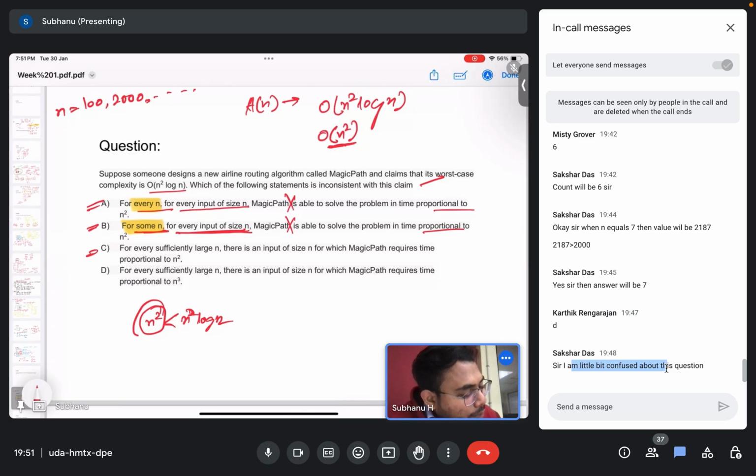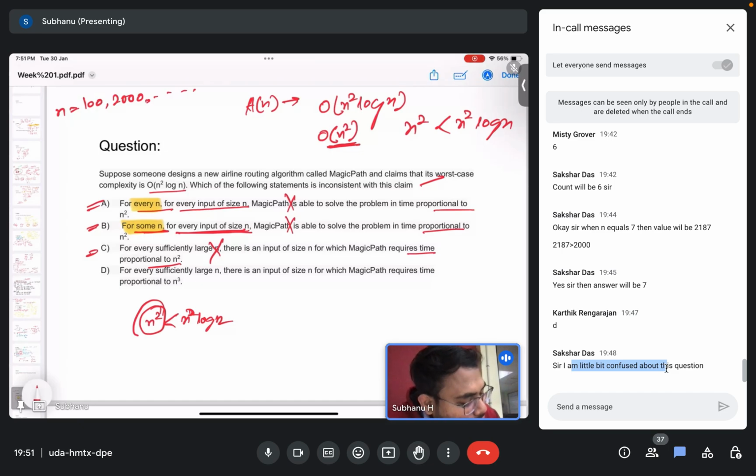So for every sufficiently large n, there is an input size of n for which magic path requires time proportional to n square. n must always be sufficiently large, and you can't compute within n square because n square is less than n square log n. So this statement is also true.